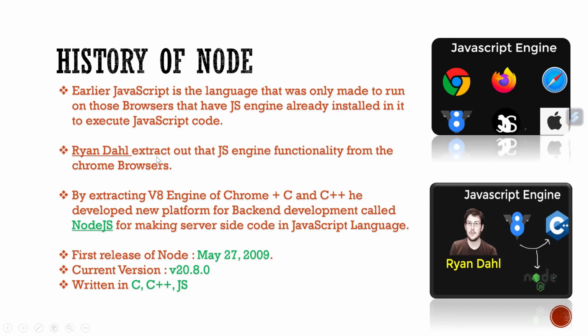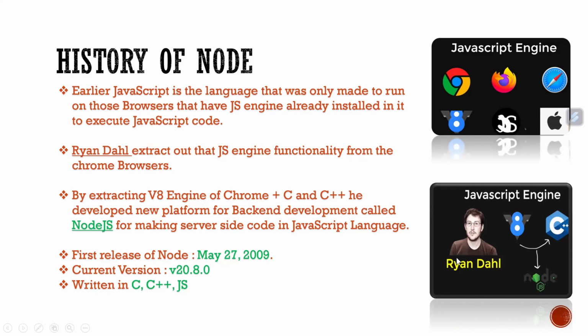Ryan Dahl extracted that JS engine functionality from the Chrome browser. Here you can see the Chrome browser, whose JS engine is called the V8 engine. This is the Firefox browser, whose JS engine is called SpiderMonkey. Here you can see the Safari browser, whose JS engine is from Apple. This is the image where you can see different browsers with their JavaScript engines.